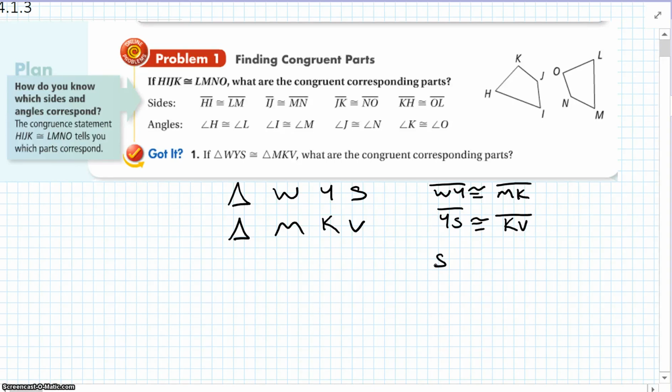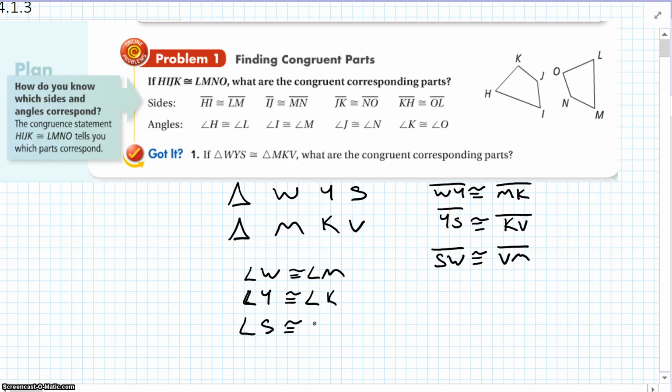And don't forget segment SW has got to be congruent to VM. Okay, now don't forget our angles. Angle W is congruent to angle M. Angle Y is congruent to angle K. And angle S is congruent to angle V. Okay, pretty easy stuff.